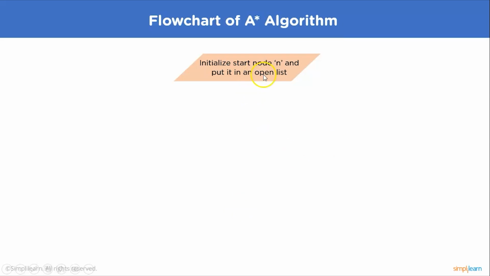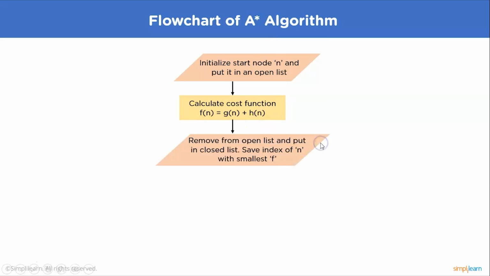So the first node, our starting node, is going to be put in an open list because we're still exploring it. Then we're going to calculate the cost function of the starting node. From here onwards, we're going to remove this node from the open list and put it in the closed list since we've already visited it and calculated its cost function.